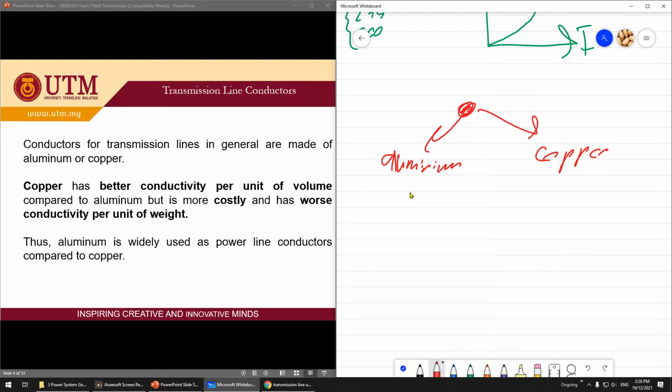Copper has better conductivity per volume, but it is much more costly. Remember, copper is much more costly than aluminium per weight.